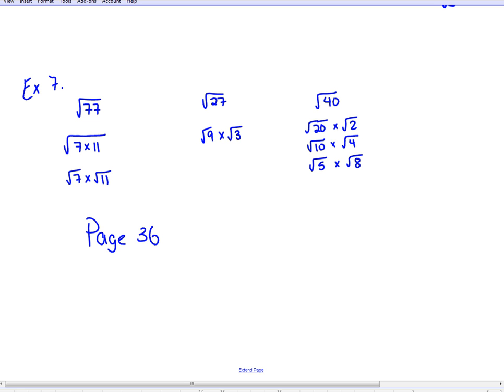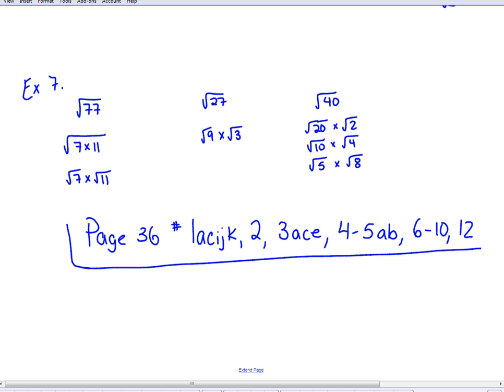Circle these numbers on page 36: C1, A, C, I, J, K, 2, 3 A, C, E, 4 to 5 A, B, 6 to 10, and 12. Okay, I'm going to get you to work on that. And I'll end this here.